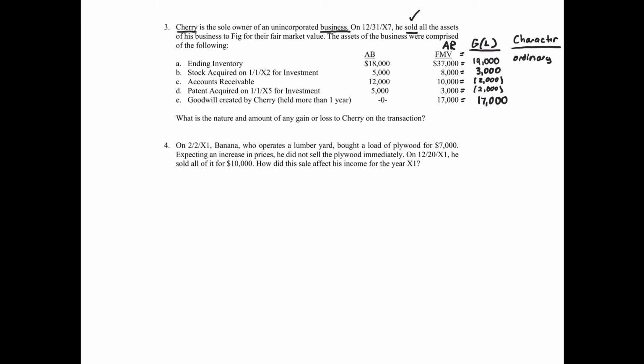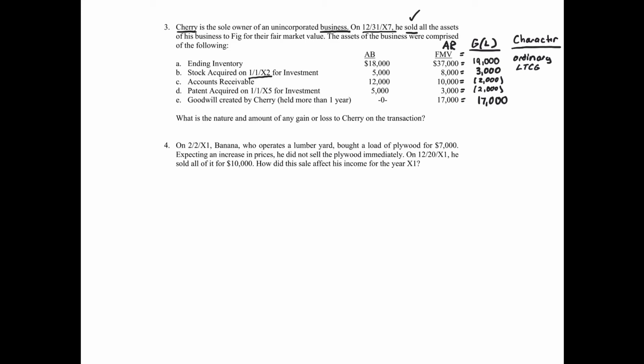Now we have a capital gain of $3,000. Is it long-term or short-term? Well, the stock was sold on 12/31/X7. It was acquired on 1/1/X2. We don't know what the X is, but we know it has to be more than a year, right? So therefore, we have a $3,000 long-term capital gain in B.